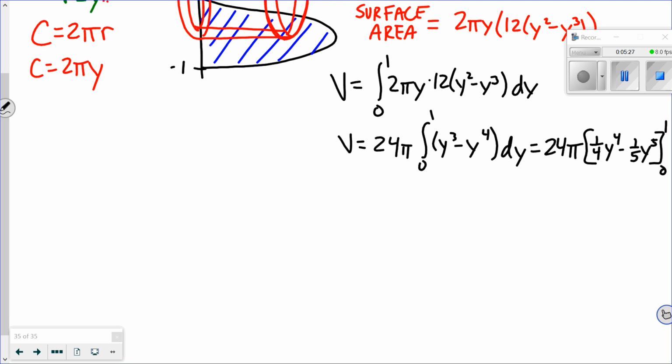I plug in 0, that doesn't do anything, so plug in 1: 24 pi times (1/4 minus 1/5). 1/4 minus 1/5 would be 1/20th. So I get 24 pi over 20, which is equal to 6 pi over 5 for my volume.